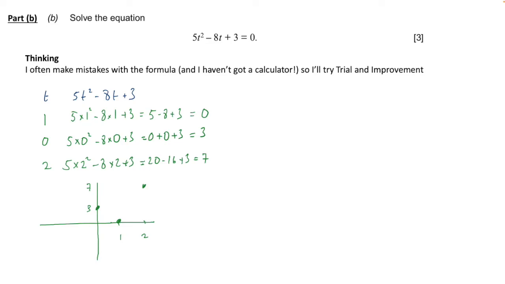And now, because both of those values are above 0, the 3 and the 7, then that means the other place where this quadratic can cross 0, which are the values we're looking for, must be either between the 0 and the 1 or the 1 and the 2, because it can't go back down again once it's got up to 2 and up to 3. You'll see what I mean in a second.